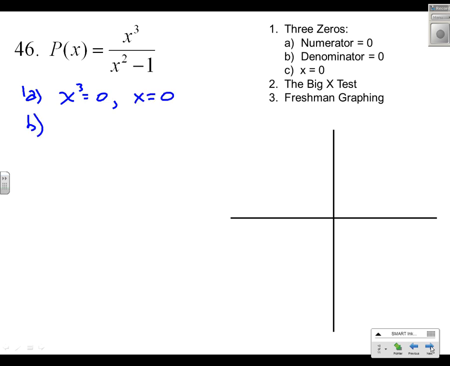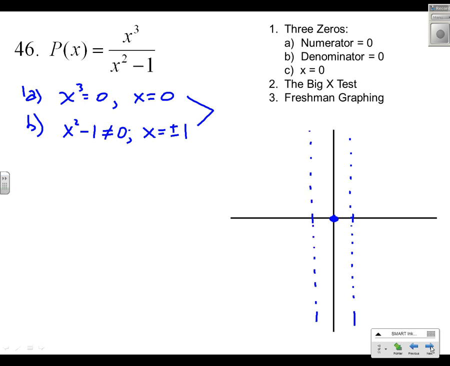B, x squared minus 1 really cannot equal 0. Therefore, x cannot be, add 1, take the square root, plus or minus 1. So I check those real quickly. No conflict, no holes. I've got a 0 at 0. I've got no ability to be 1 or negative 1, so there's our asymptotes.